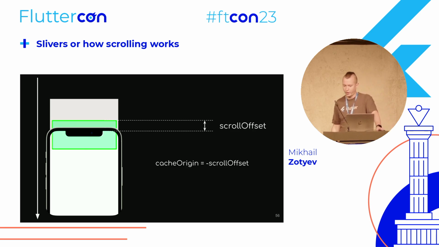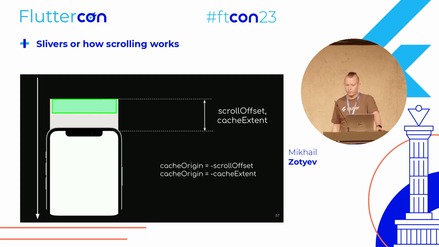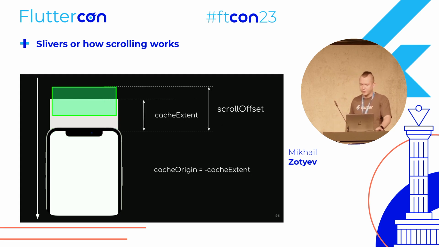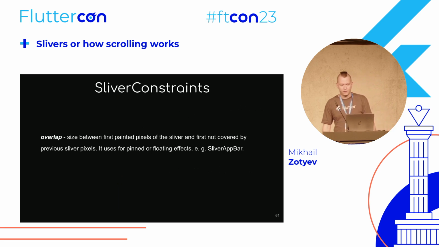As soon as we go to this cache area, it starts to grow like the value of scroll offset, but with a negative sign. And the maximum value, of course, is cache extent. After this, no matter how far we continue to scroll, it will be the same cache extent. And even if we have a big one, and part of it is still an invisible part, we just have this cache extent.